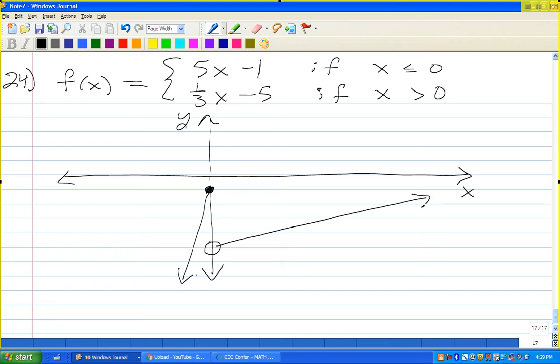Okay, and so that is the graph of this piecewise function. So for x less than or equal to 0, it looks like this line. For x greater than 0, it looks like this line. Since this has an equal sign, I include this point, the y-intercept. Since this does not have an equal sign, I do not include this y-intercept.